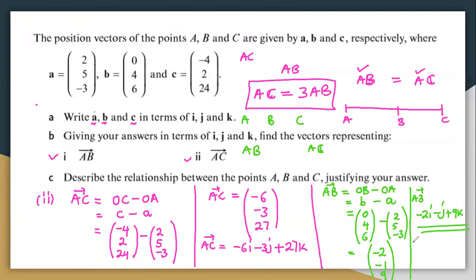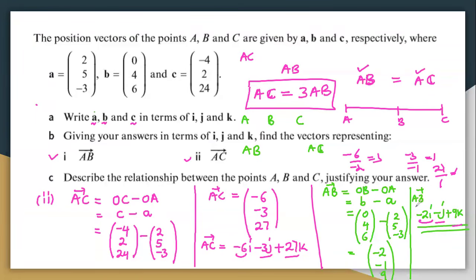So when you look very well at AB, this is negative 2i and this is negative 6. Negative 6 divided by negative 2, you get 3. For the j component, negative 3 divided by negative 1, you get 3. When you look at the 27 and the 9, 27 divided by 9, you also get 3. So what does it mean? It means that 3 is a scalar multiple.